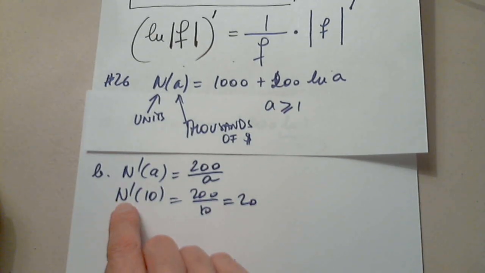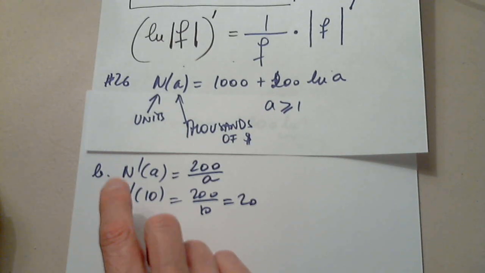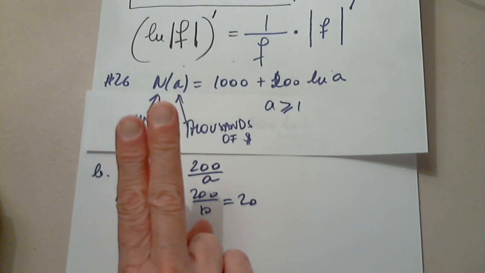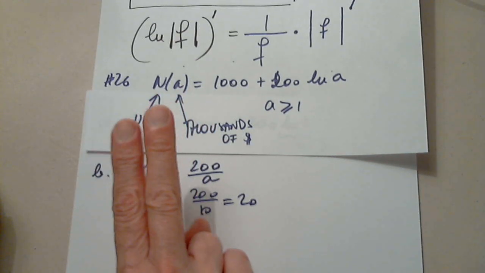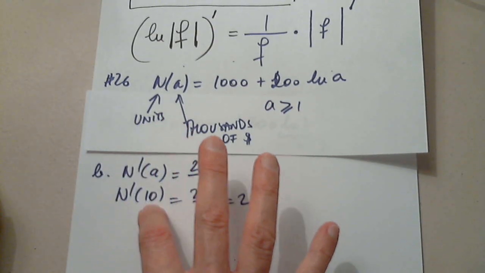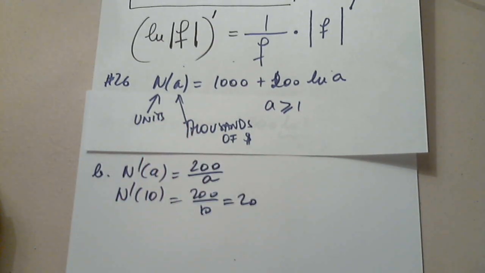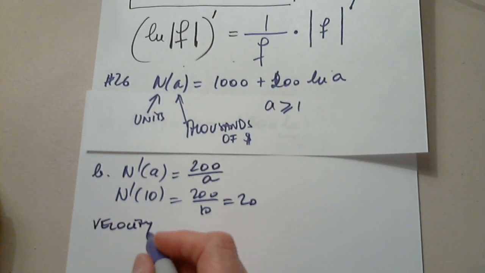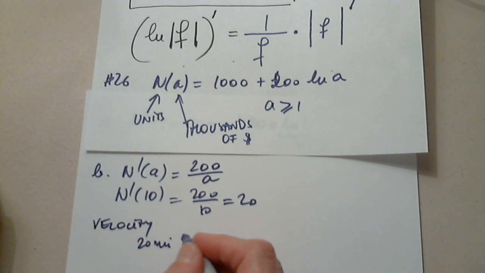So remember, the rate of change has 2 measurement units, always. When you see N prime or F prime, just remember we are looking at the velocity. So when you ask me what's your speed, I'm not going to say 20 miles. You will say to me, that's wrong. And I will say, oops, sorry, it's 20 miles an hour because it's the rate of change.